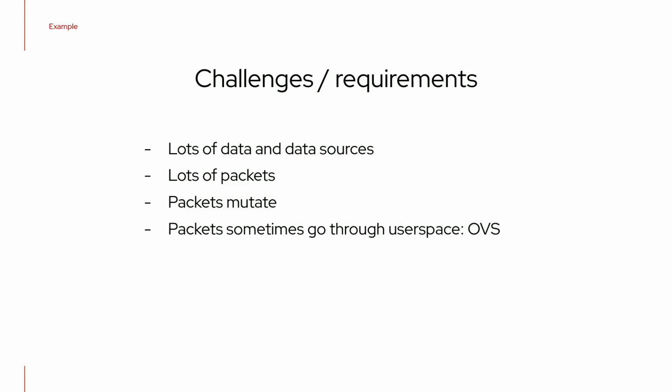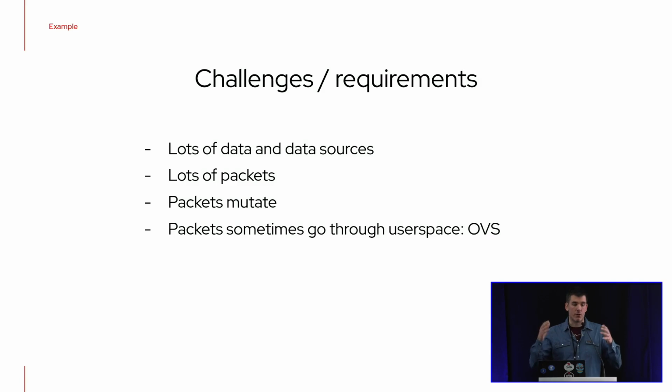So in a nutshell, these are the challenges that we found. As with any network inspection tool, we found three big challenges: the fact that there is not a coherent source of data, the fact that there are lots of packets traversing the kernel at a given time, and the fact that these packets mutate over time.